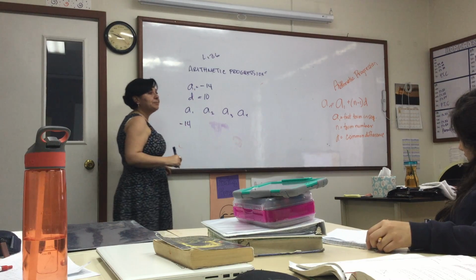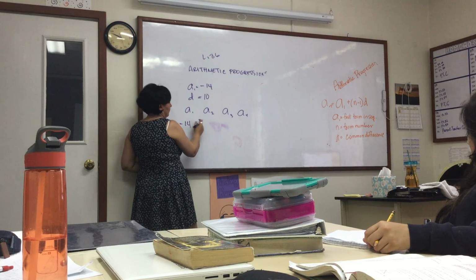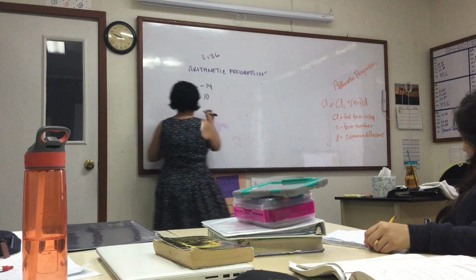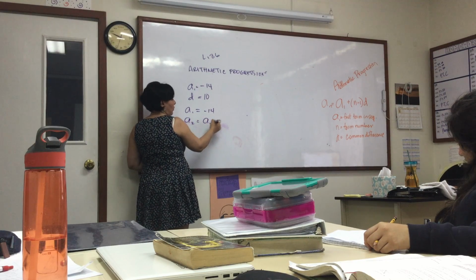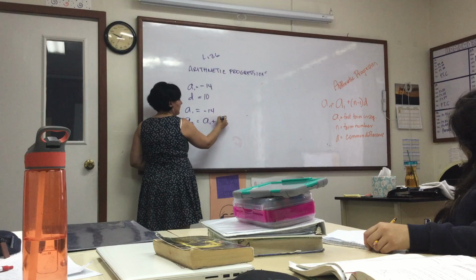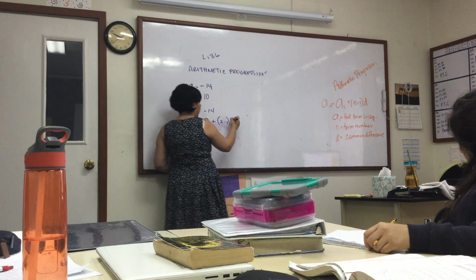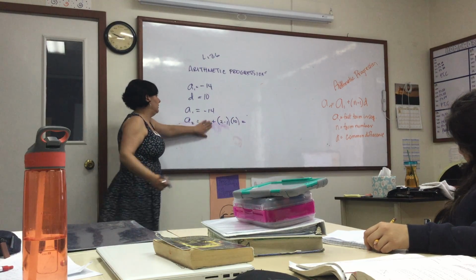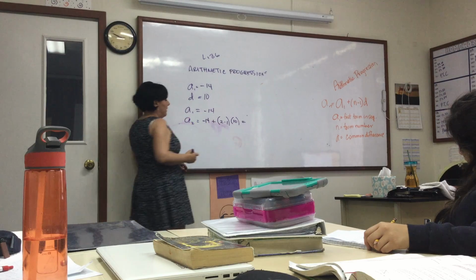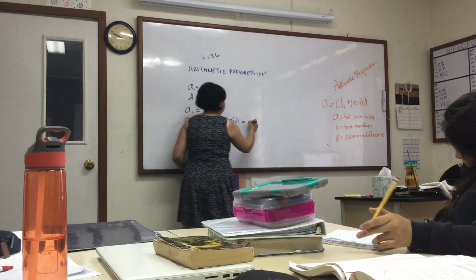A sub 2. A sub 1, minus 14 plus. I'll write it downward. A sub 2 is going to be A sub 1 plus 2 minus 1, right, times 10, which would equal minus 4.